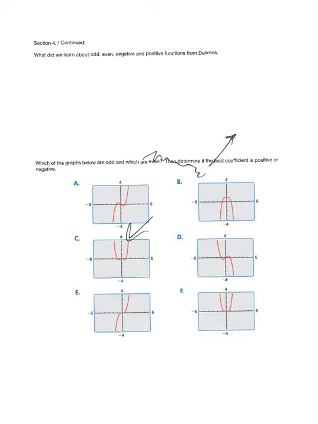I don't know what C would be. Even, there's a positive. Okay. And why is it even positive? Can you figure that out? No, I just didn't know because it goes up and down kind of.